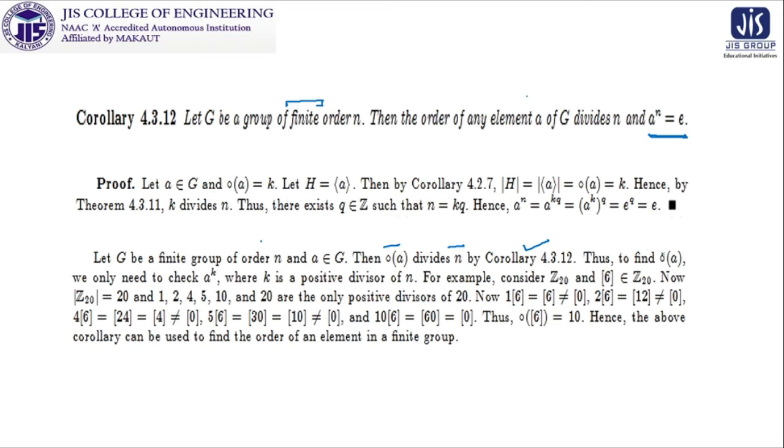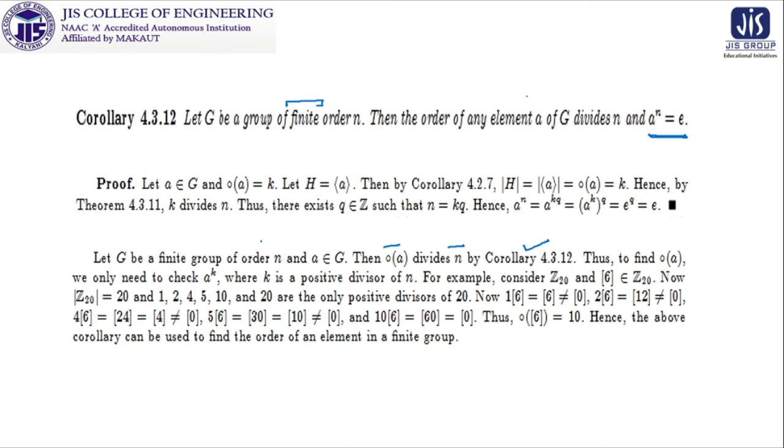Thus, to find the order of A, we only need to check A to the power k, where k is a positive divisor of n. We don't need to check all of them, because not all of them are going to divide the order of the group. Only those which divide the order of the group have the possibility of being the order of that particular element.